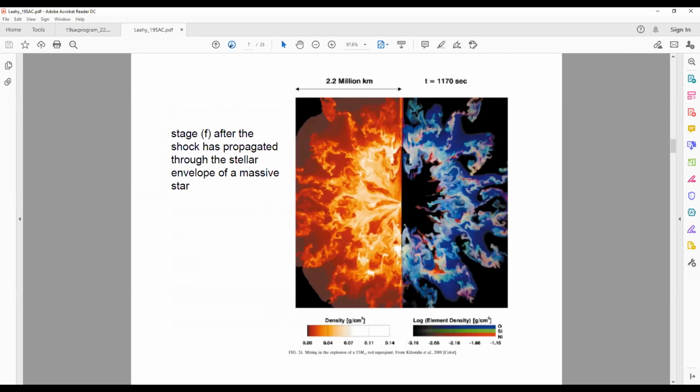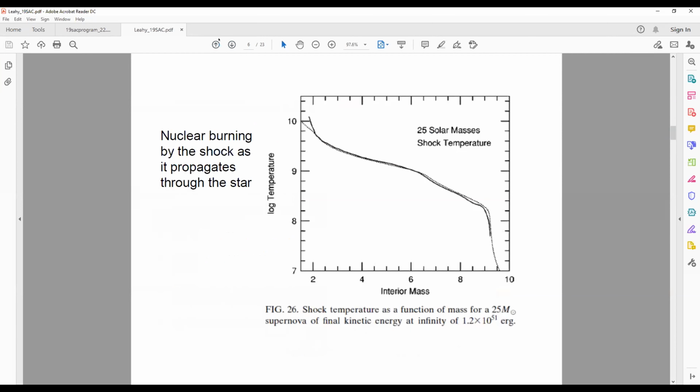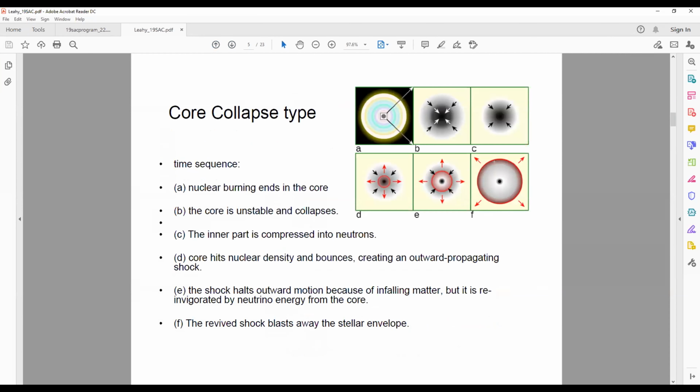Now, this is just a comment on the actual explosion process. This is for a massive star where, I'll go back, sorry.